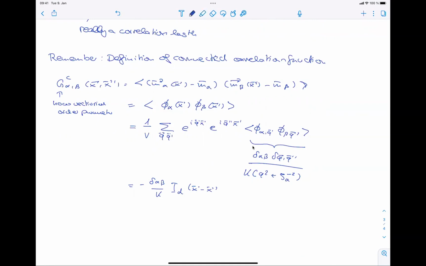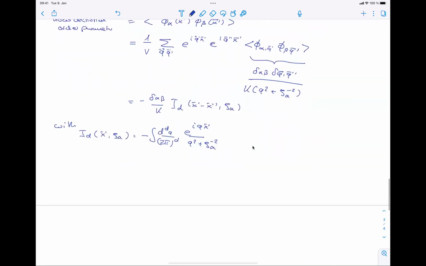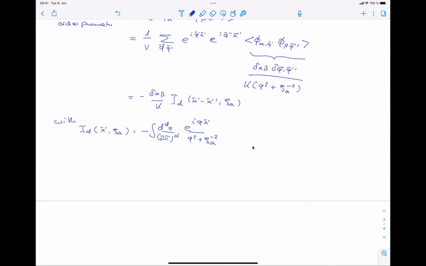And the correlation length, with ID, now just writing it as a difference, as e to the iQx over Q squared plus Xi to the minus 2. And so now this integral, going from Fourier space back to real space, I can solve, respecting the limits.